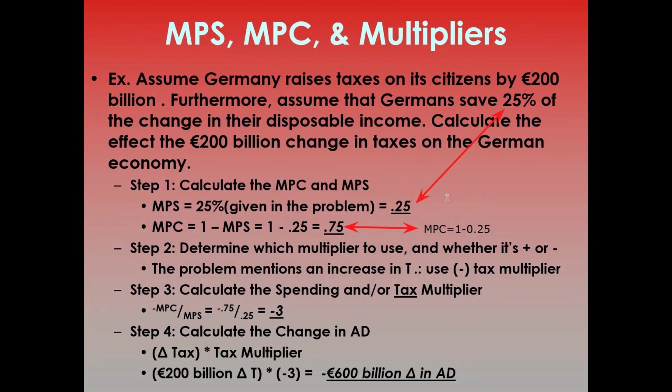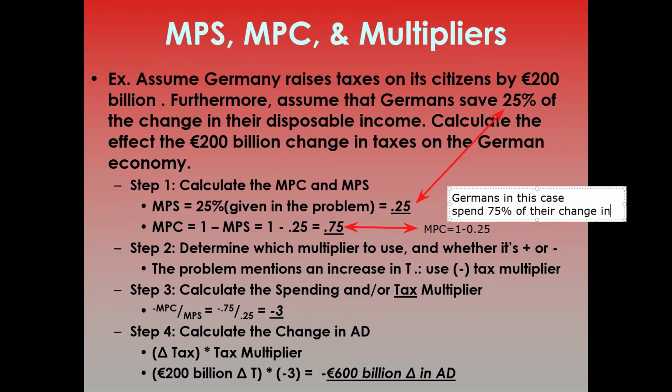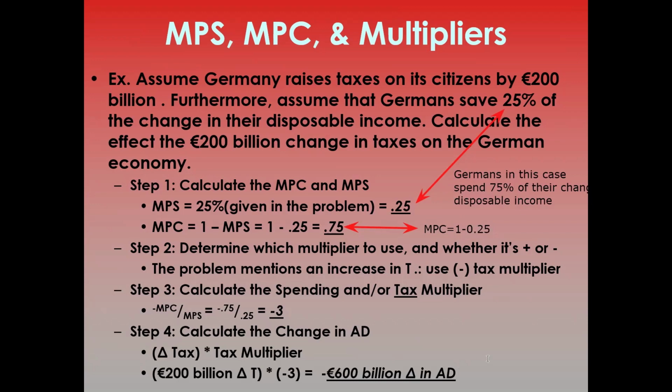So Germans in this case spend 75% of their change in disposable income. So then in this case, they use the tax multiplier.